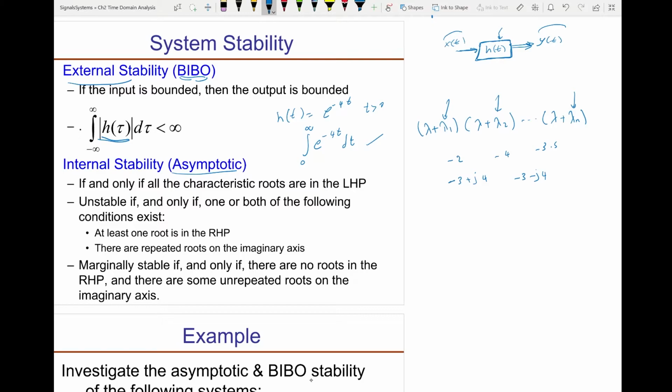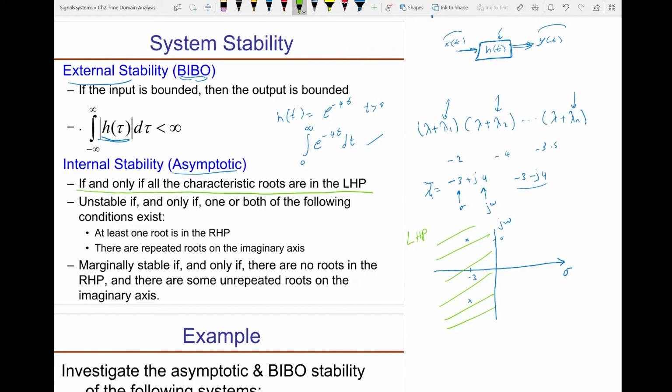Now let's call these sigma and these j omega. And if I plot the characteristic roots on this plane, where this is sigma and this is j omega, let's call this lambda 1 equal this one. So it would be somewhere here, -3, 4, and the conjugate will be somewhere here. Now, if all characteristic roots are in the left-hand plane, then the system is internally stable. Why is that?